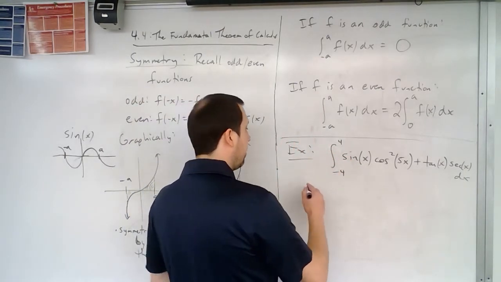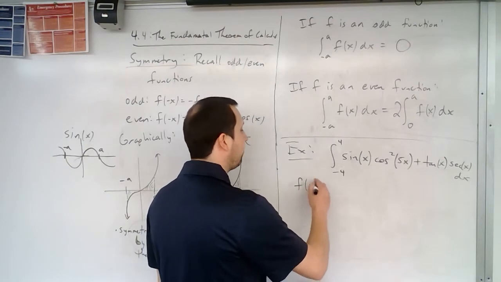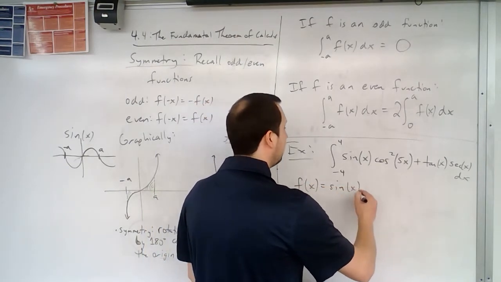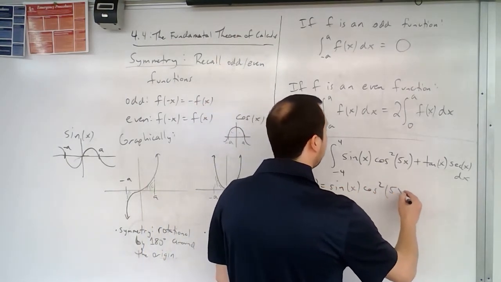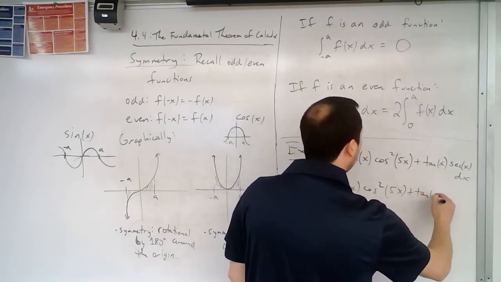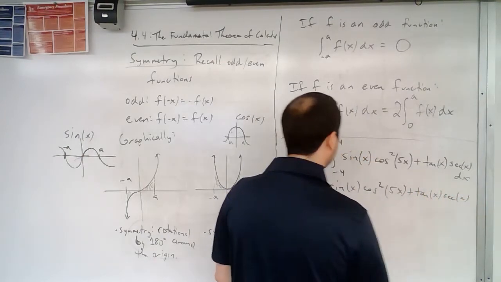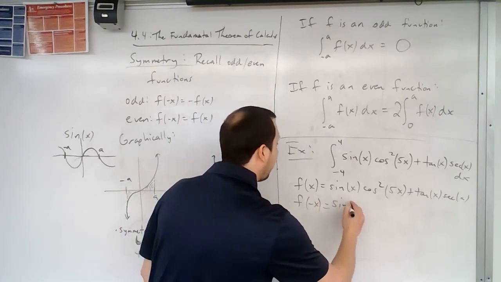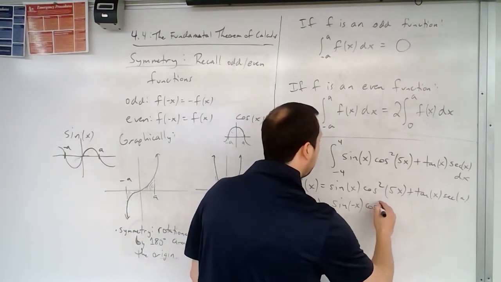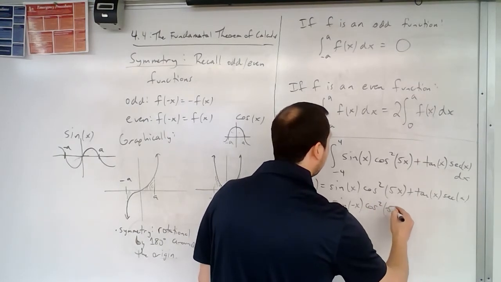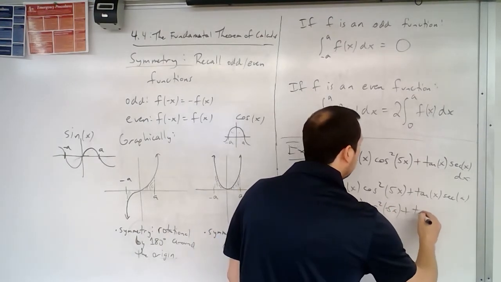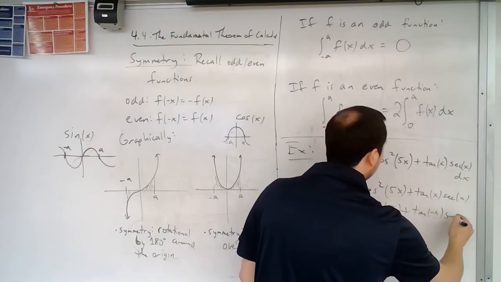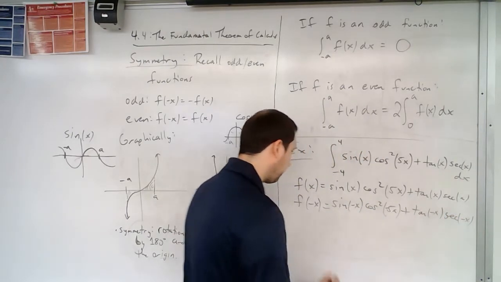If we look at my function, f of x is sine of x, cosine squared of 5x, plus tangent of x, secant of x, I plug in negative x. So I have sine of negative x, cosine squared of negative 5x, plus tangent of negative x, secant of negative x.